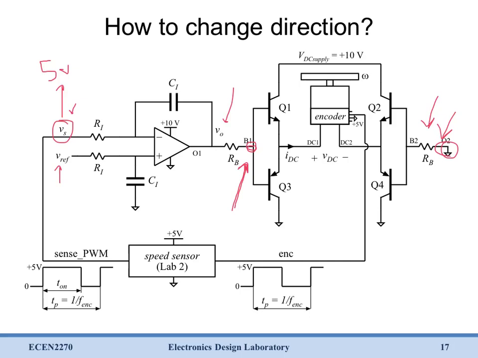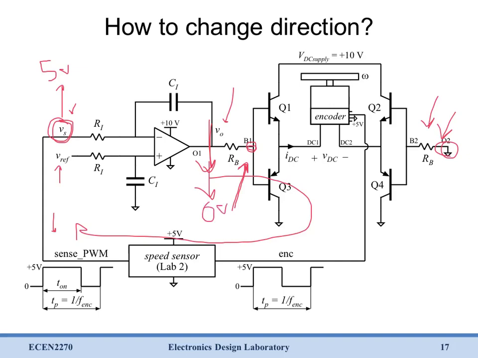Because it thinks our motor is going too fast, it's going to reduce VO. Reducing VO is going to come around our feedback circuit, and it's going to try and reduce Vs, but we've tied Vs to 5 volts. So our compensator again is going to see that Vref is lower than Vs, and it's going to reduce VO further. And it's going to continue to reduce VO until VO hits 0 volts.